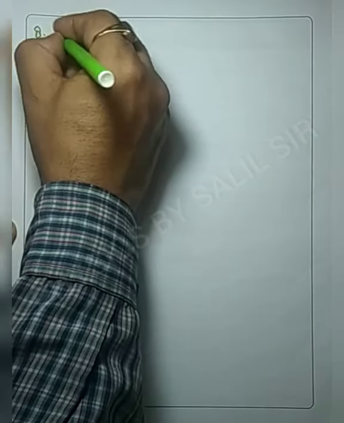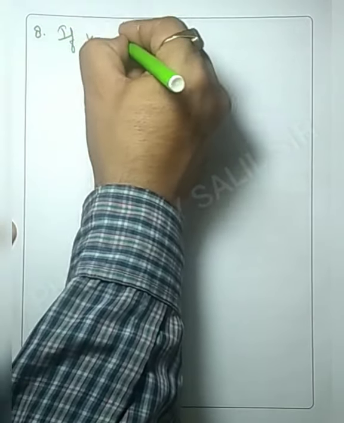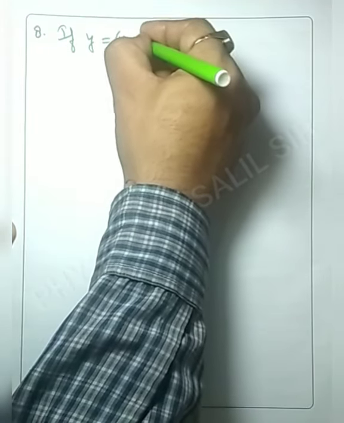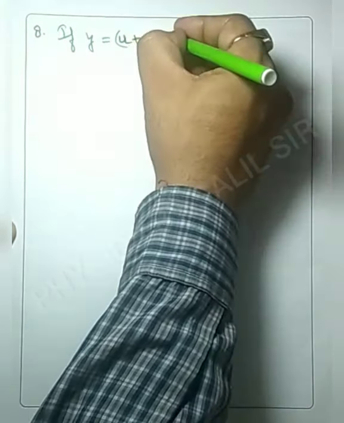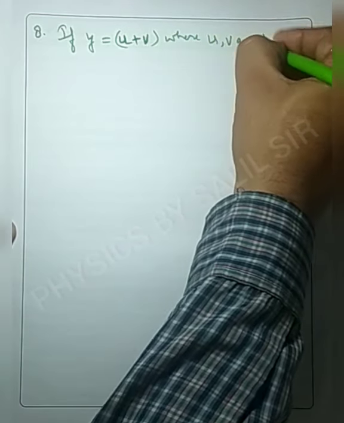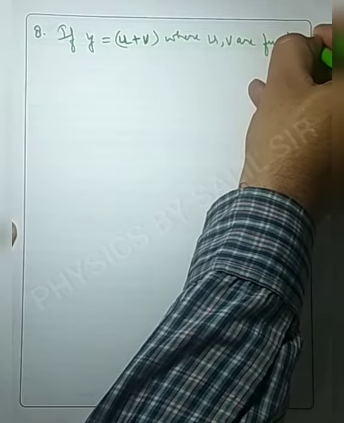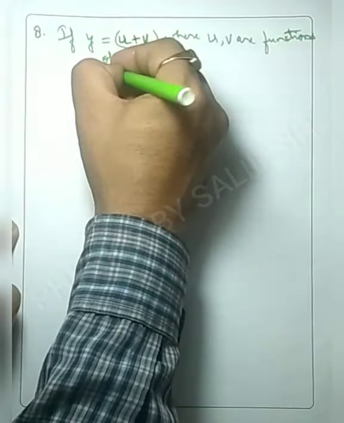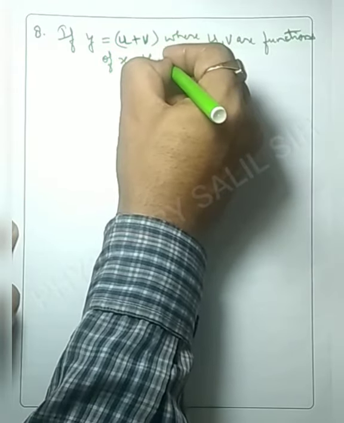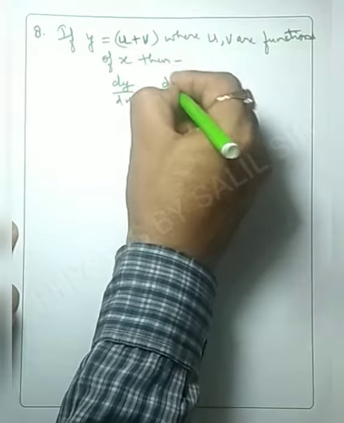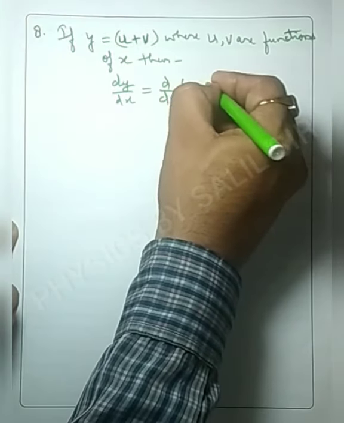Now the eighth rule: if y is equal to u plus v, suppose the first term is u and the second term is v, where u and v are functions of x, then dy by dx is equal to d by dx of (u plus v).